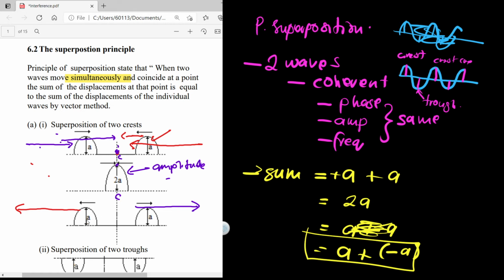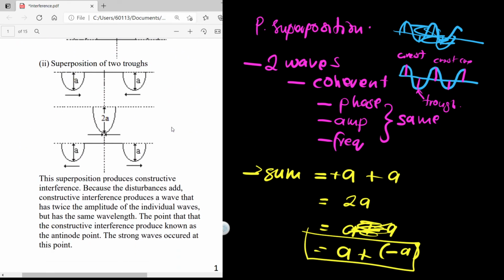So the amplitude becomes larger only at this point C, where the two crests collide with each other. The same case can also be applied when we have two troughs.